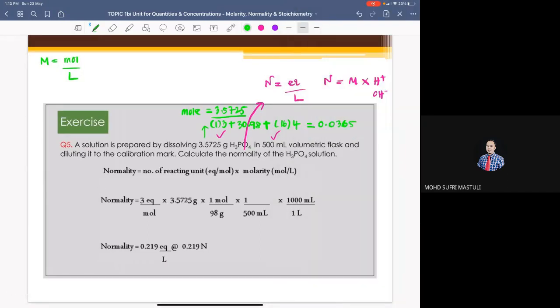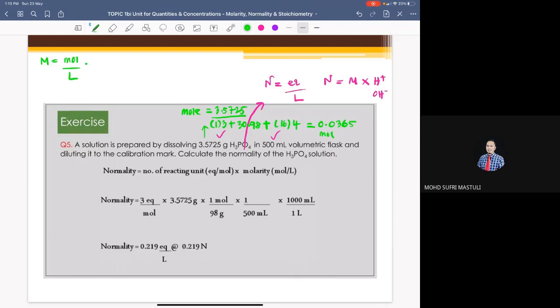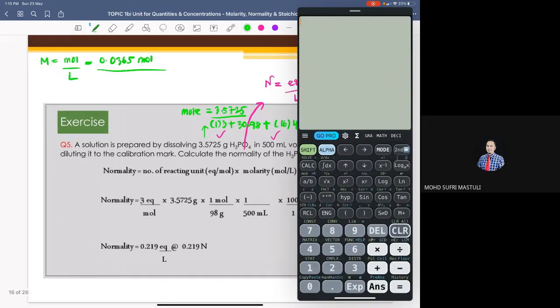So the mole number is 0.0365 mole. In volume 500 ml, so it's equivalent to 0.5 liter. So 0.0365 mole divided by 0.5 liter.